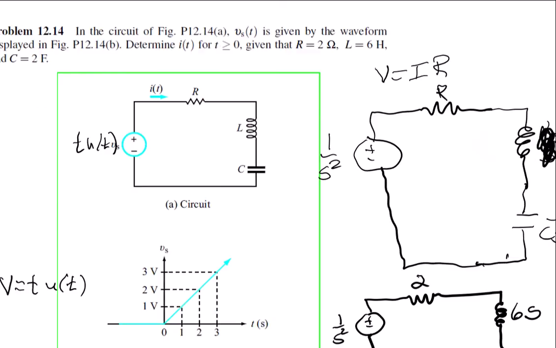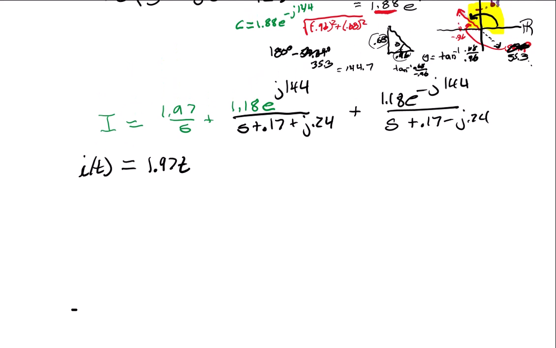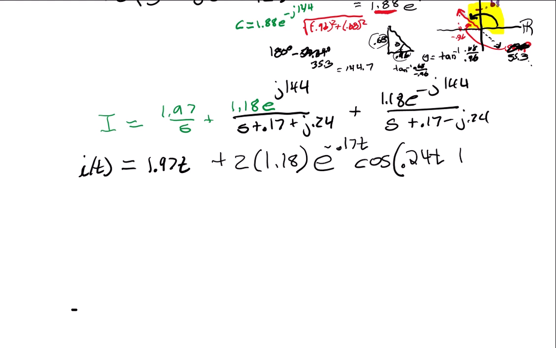So going back and looking at what we have here, then we have plus 2 times 1.88, there's the 2 from out in front, e to the minus 0.17t, so it's minus that, cosine, and then the coefficient is 0.24t, and then plus 144 degrees.